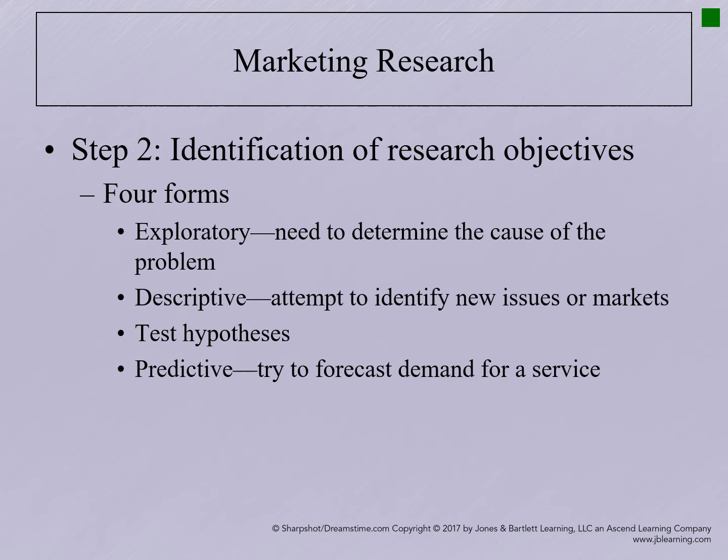So what are our objectives? Are you trying to explore things, describe things, test a hypothesis, or be predictive in terms of forecasting demand for a service? This is stuff that you saw in research class and statistics class, and in this case, we're just applying it to the marketing setting.